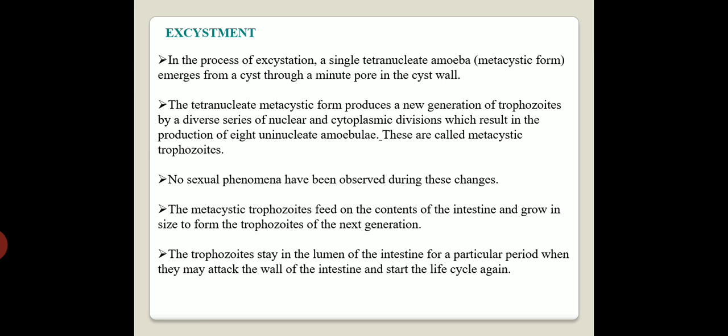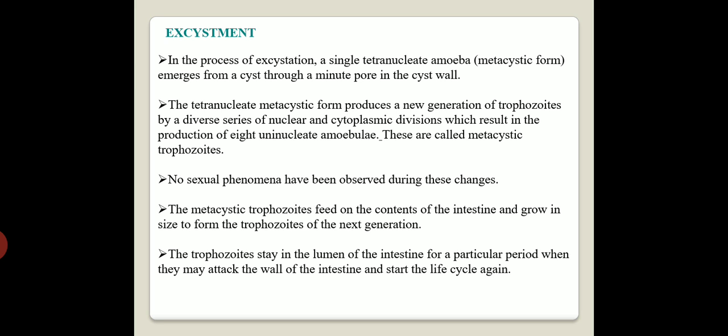The tetranucleate metacystic form produces a new generation of trophozoites by a diverse series of nuclear and cytoplasmic divisions, which results in the production of 8 uninucleate amoebae, and these are called metacystic trophozoites.